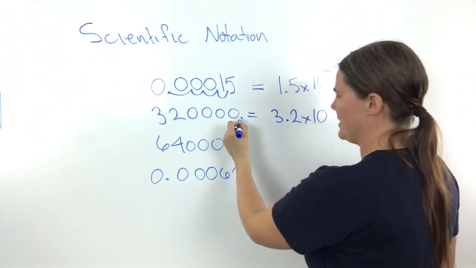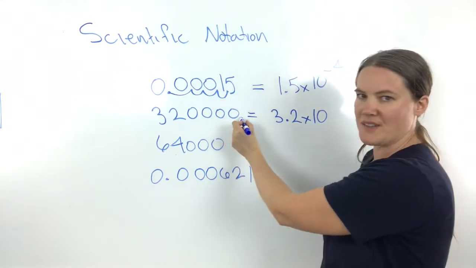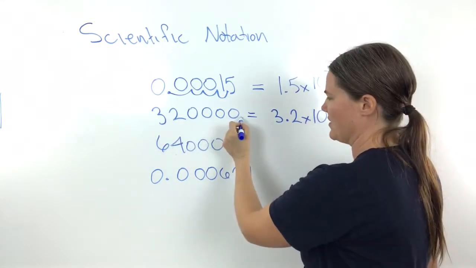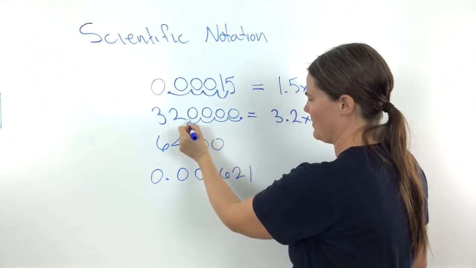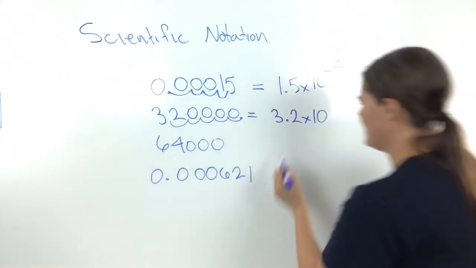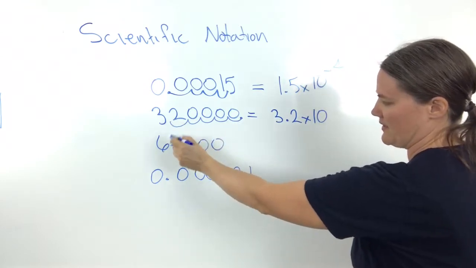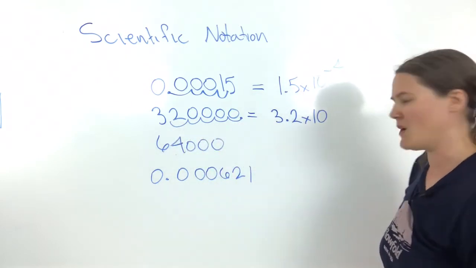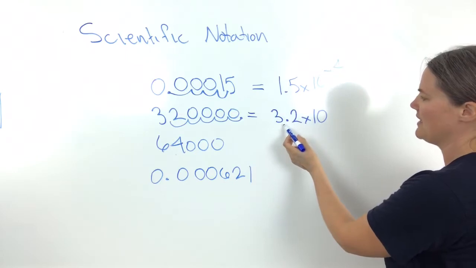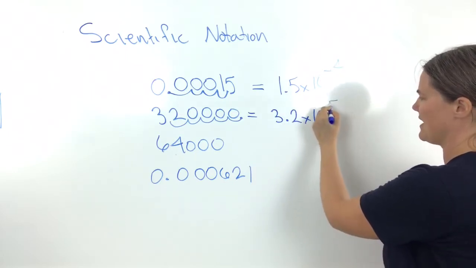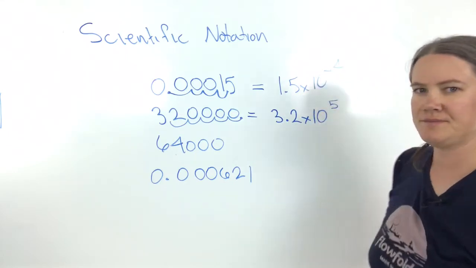So I'm going to move the decimal point to the left between the 3 and the 2. So I have 1, 2, 3, 4, 5. So that means, I moved the decimal to the left, so my exponent will be positive for this number. So this is 3.2 times 10 to the 5th.